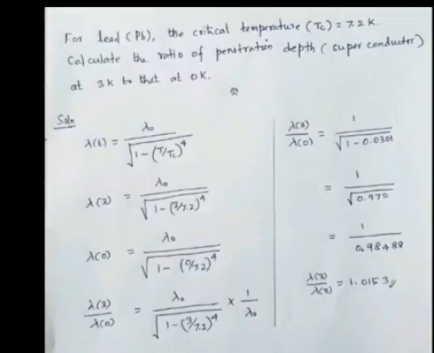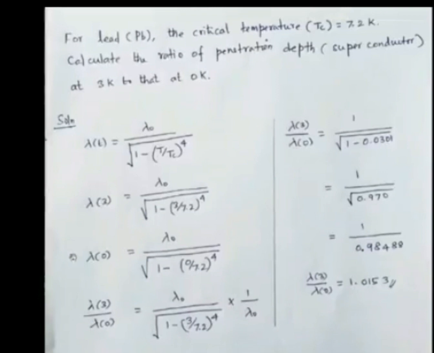Now we substitute 3 in the above equation. So lambda of 3 is equal to lambda naught divided by root of 1 minus (T by Tc) power 4. We know T is 3 Kelvin, so 3 by the critical temperature Tc, 7.2 Kelvin, power 4.